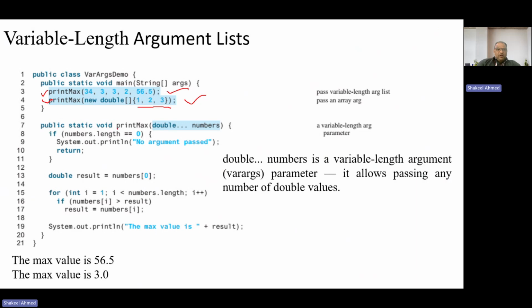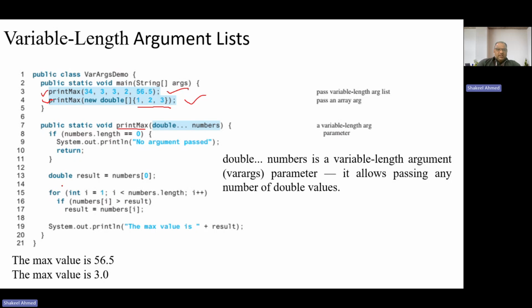public static void printMax(double... numbers), so all the numbers. If numbers.length is equal to 0, that length will get you the number of values. So no arguments are passed, and we return. Whatever the numbers are, if numbers.length is equal to 0, nothing will be passed.